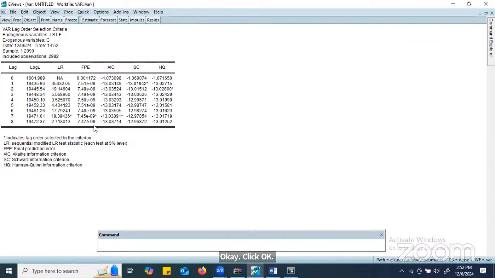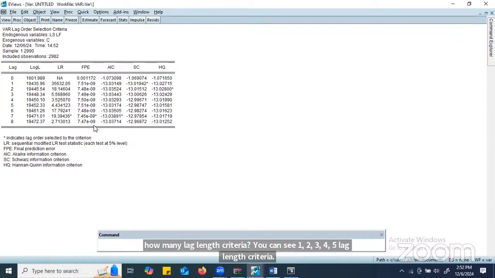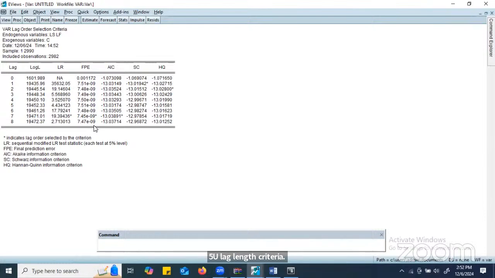Now look at the lag length criteria: LR, FPE, AIC, SC, HQ, the Hannan-Quinn information criteria. You can see five lag length criteria. Which one is the best one to be used?